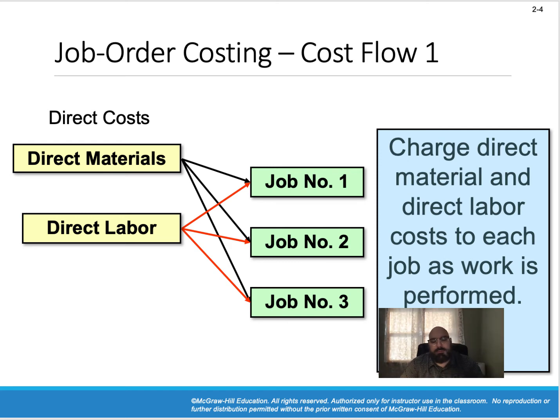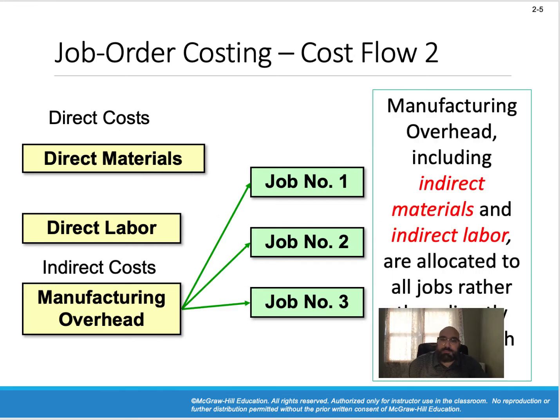I'm going to think of the old Aladdin, the old Cinderella, and March of the Penguins. They have to make each of these 3 movies, and each of them is going to require different direct material costs and different direct labor costs. And we need to trace those to each of those movies.